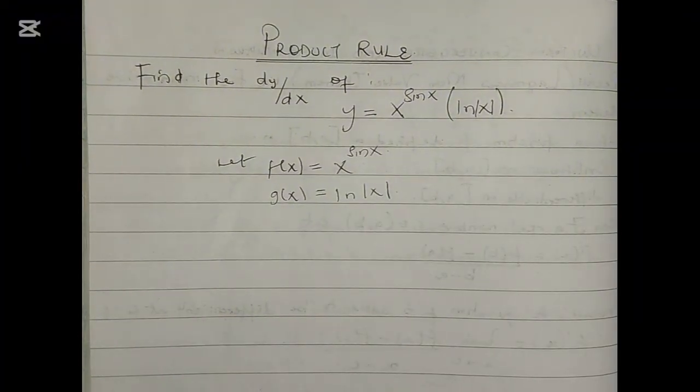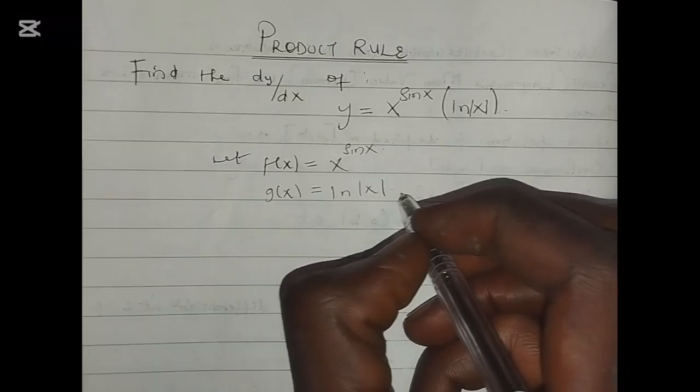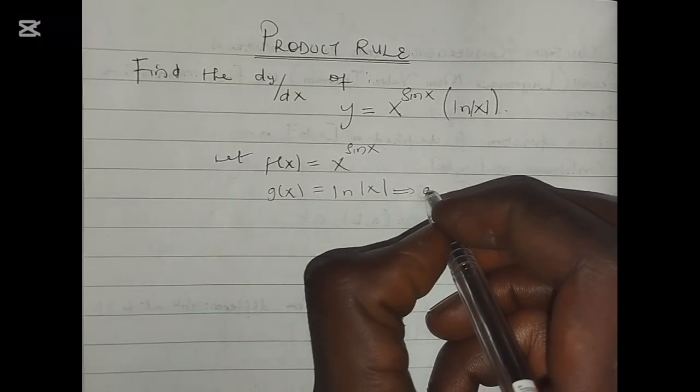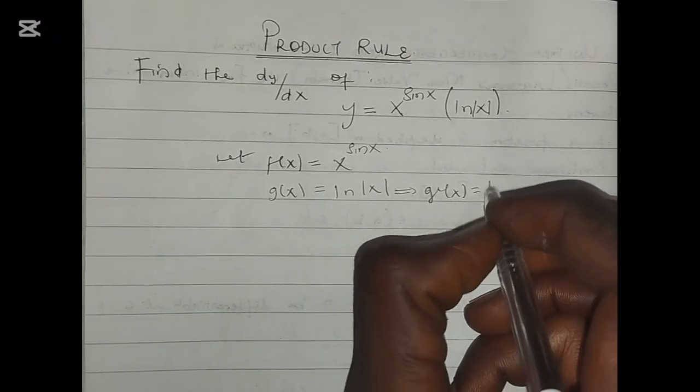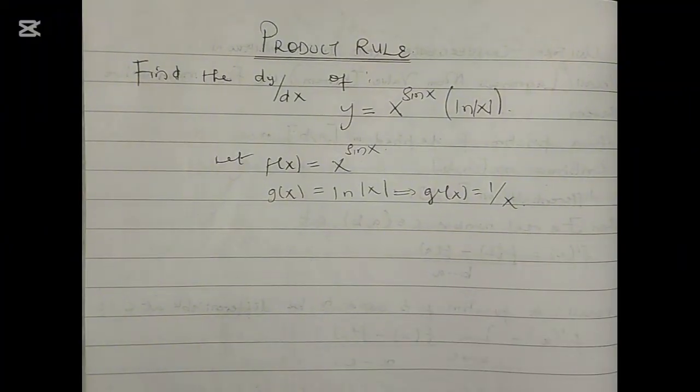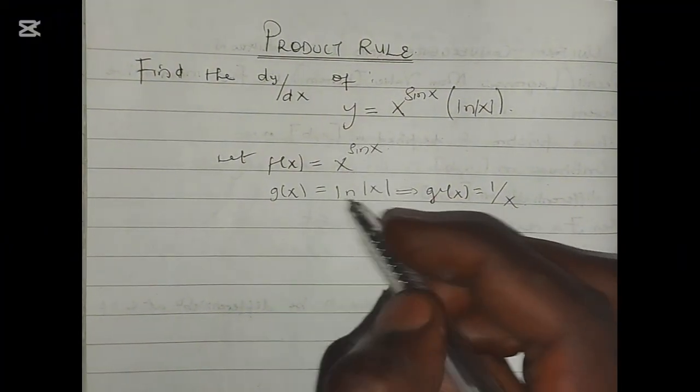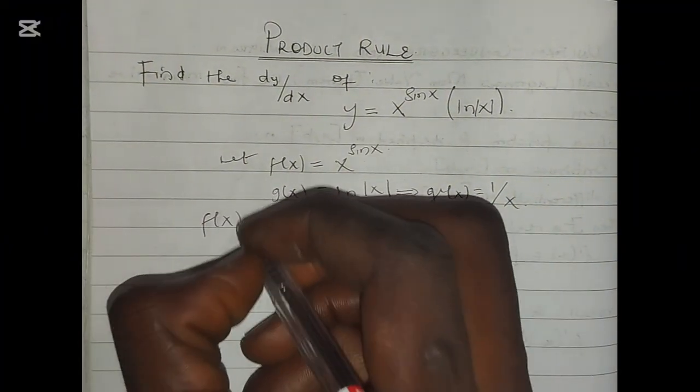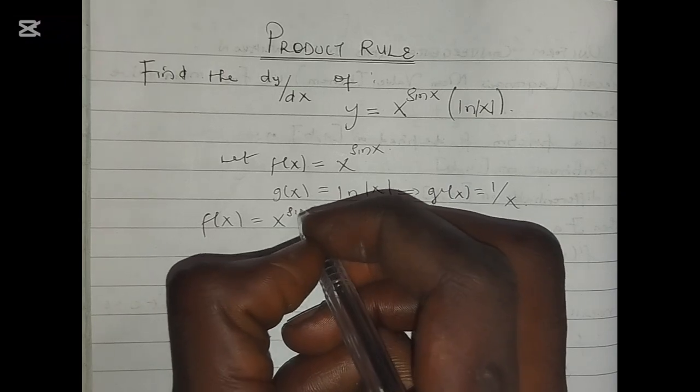So we know what this will give us as g prime. This g prime of x will give us 1 over x, and this is f of x. f of x equals x to the power of sine x.